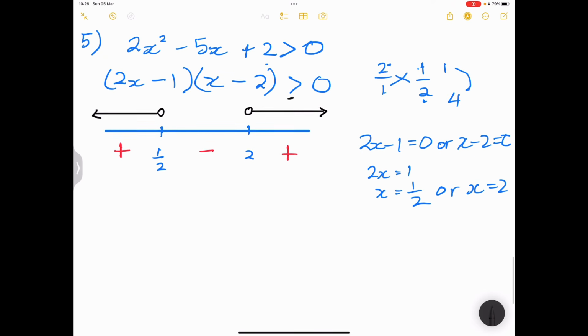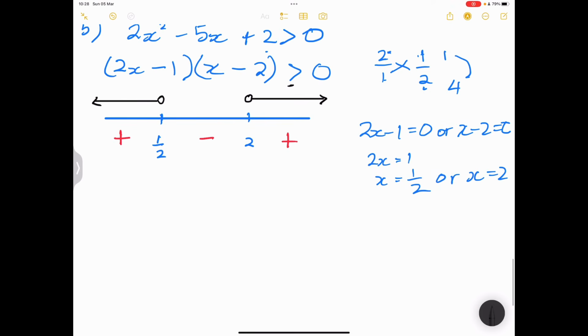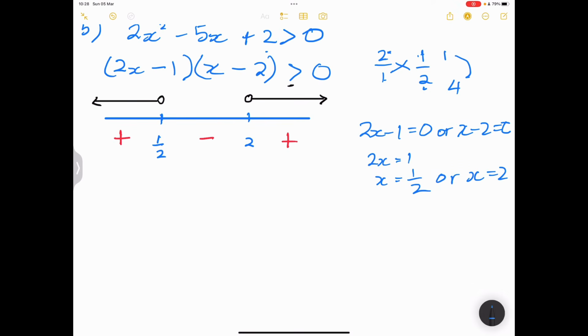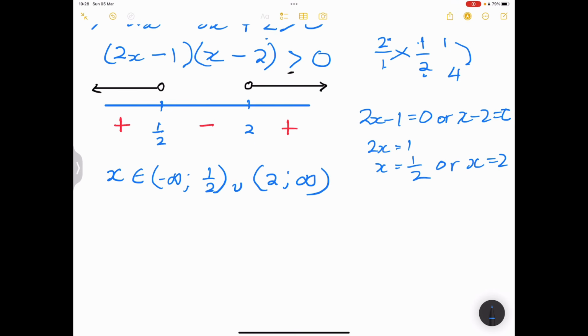So now we're going to give the solution, right? So x is an element of negative infinity all the way to 1 over 2, and that's not included, or x is from 2 all the way to infinity, and that is not included either, right?